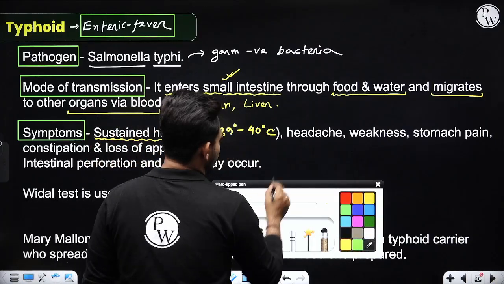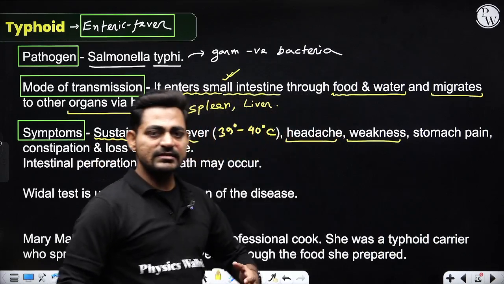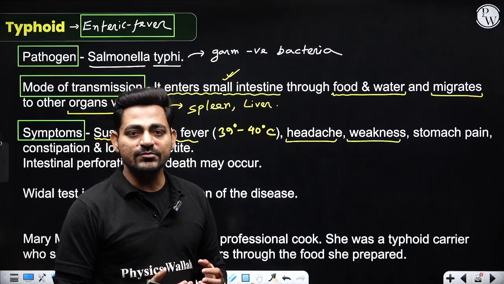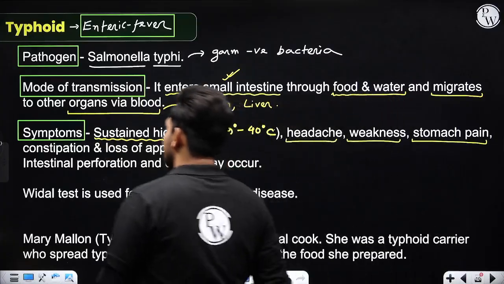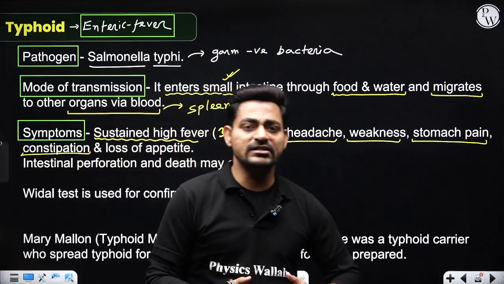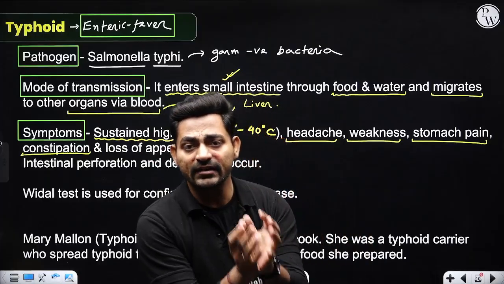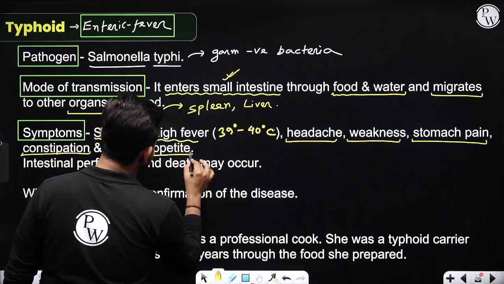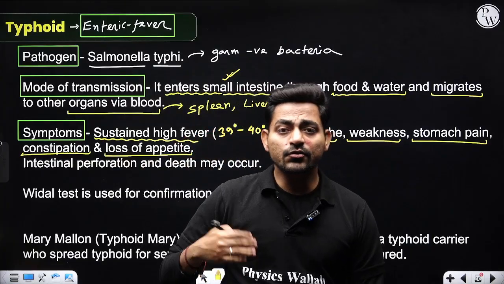Okay, there will be headache, weakness, because they are attacking our alimentary canal. There will be no proper digestion and absorption taking place. There will be stomach pain, constipation, or problem in egestion or passing the fecal matter, and there will be obviously loss of appetite. Okay, so these are the normal symptoms.